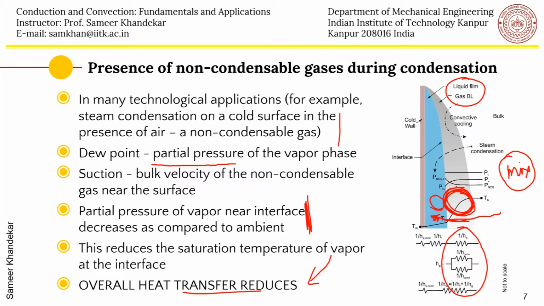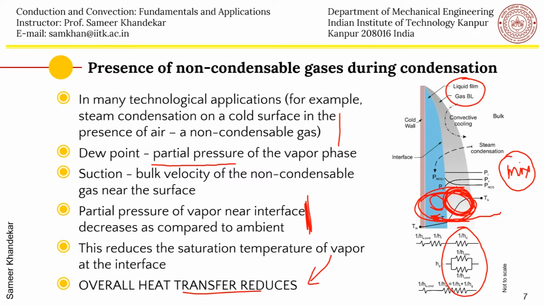Therefore there is a sort of suction which is created close to the interface here, and this also induces some velocities close to the interface. So this type of film condensation in the presence of non-condensable gases is again an area of study.